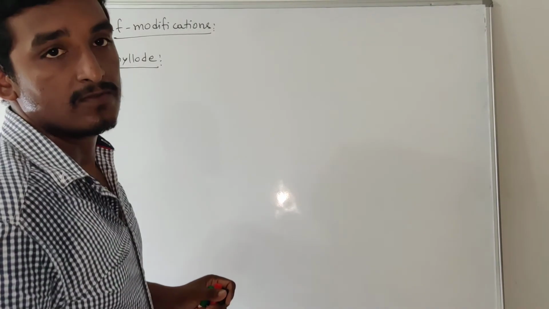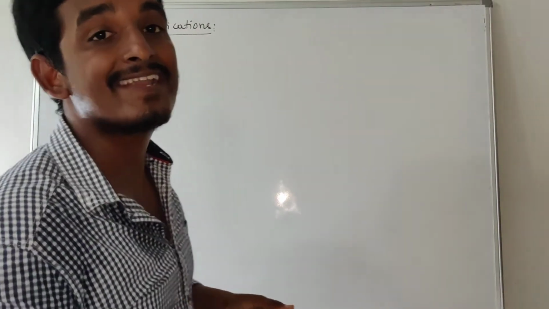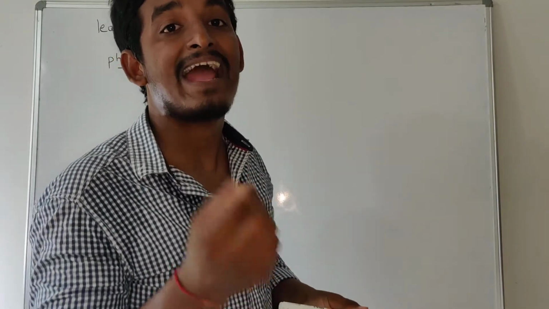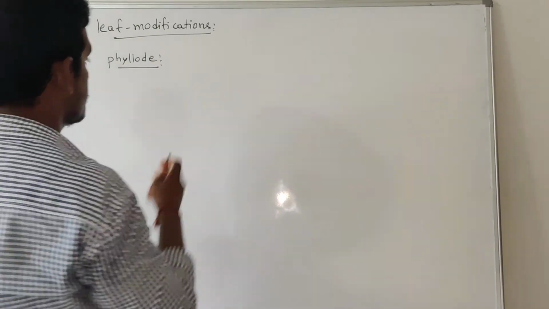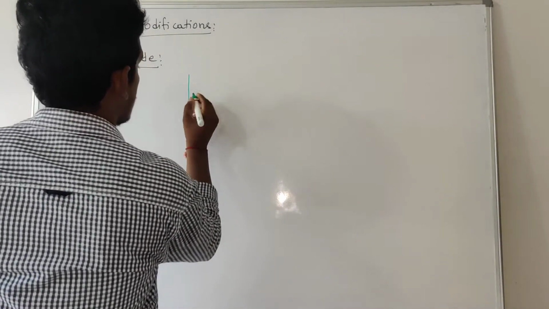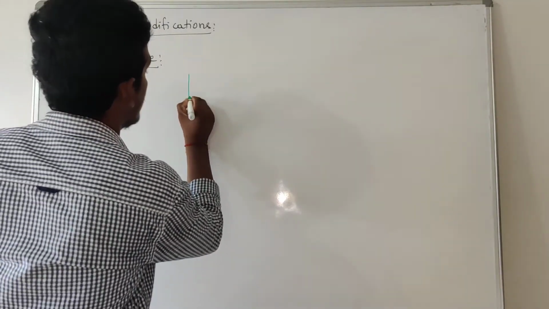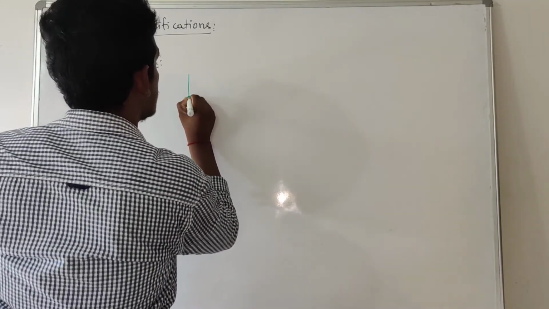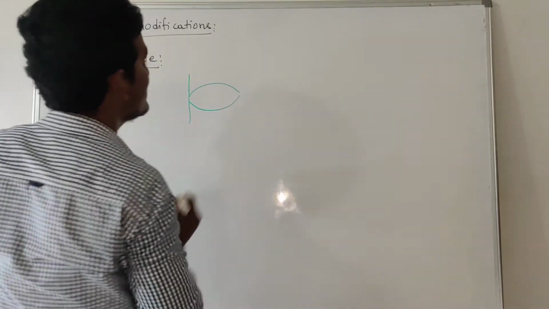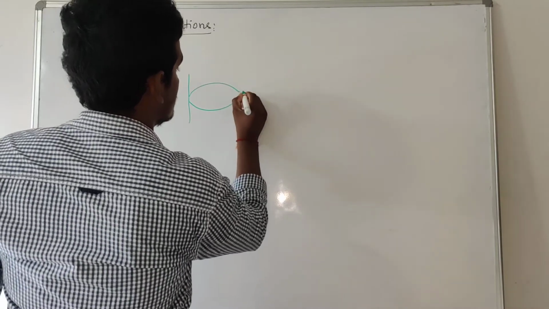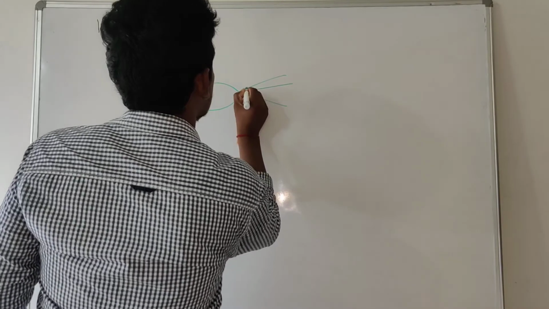So what are phyllodes? In phyllodes, the petiole portion is modified into a flat and green colored structure. See, here the petiole. Petiole means the stalk of the leaf, right? Here the petiole is modified into a flat and green colored structure. Later it produces leaflets.